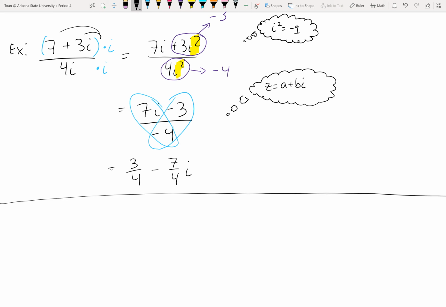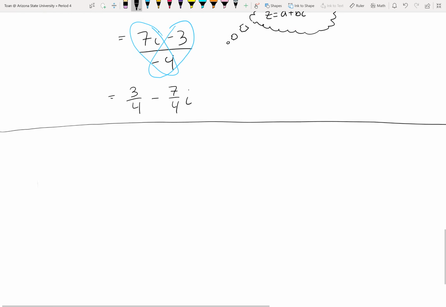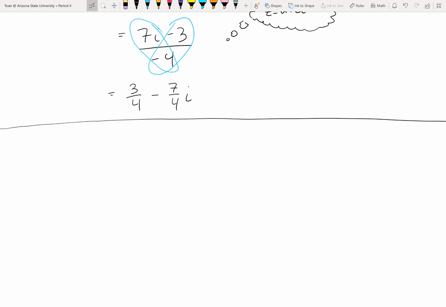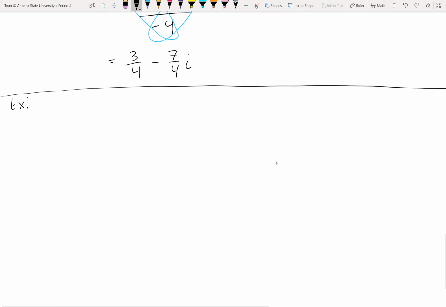So dividing by a monomial is just rationalizing a monomial, which is just multiplying the numerator and denominator by the thing you want to rationalize. In this case, it's an i. The real work, which is not a lot of work to begin with, is when you have a binomial in the denominator. Let's say I wanted to divide 3 plus 5i by 1 minus 2i.